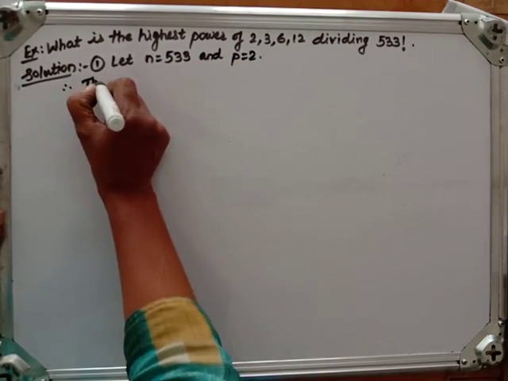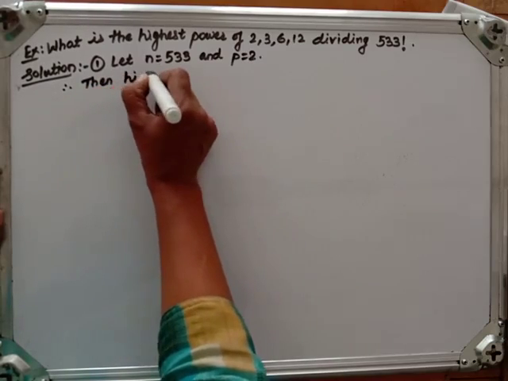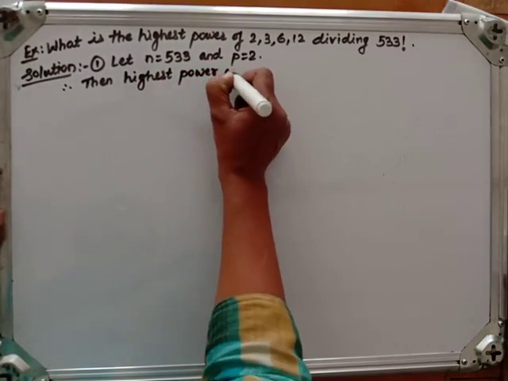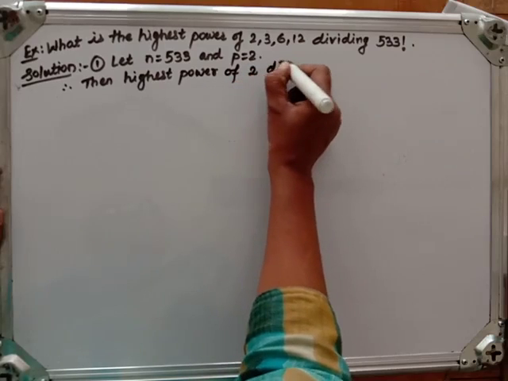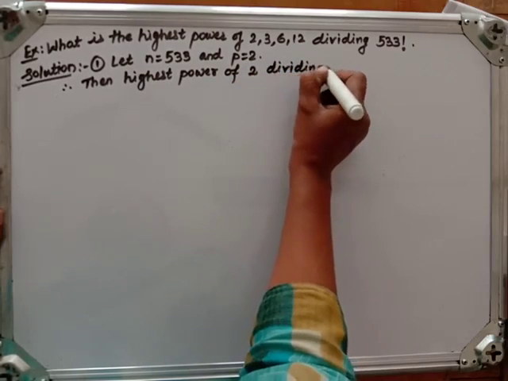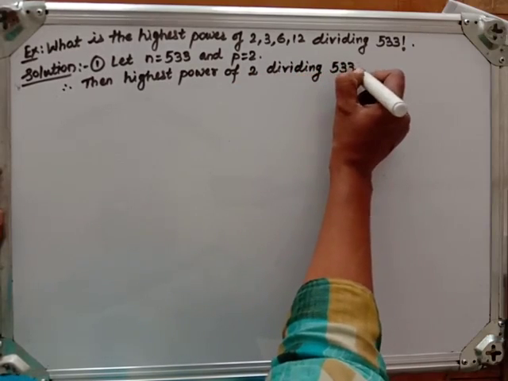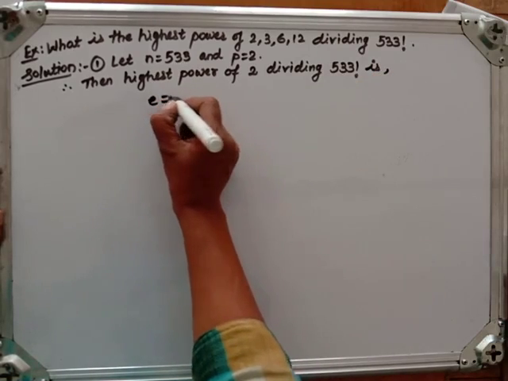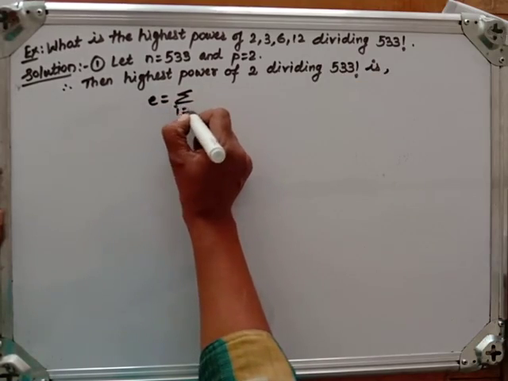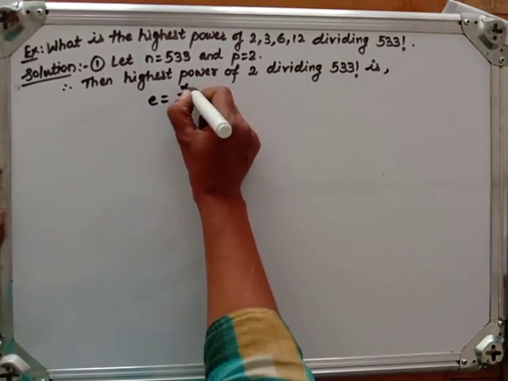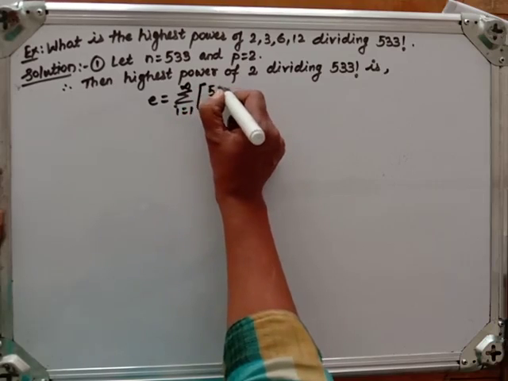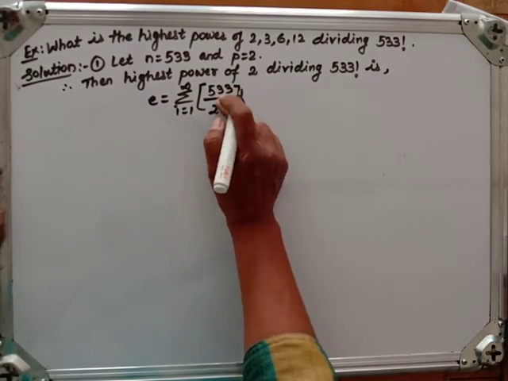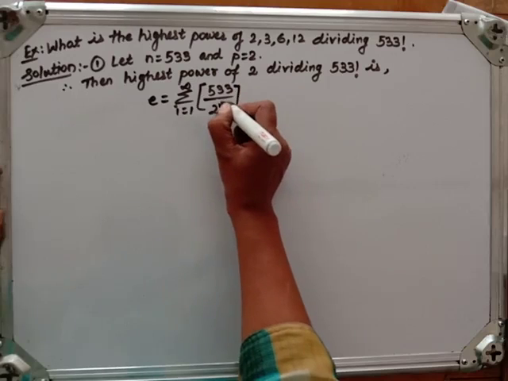Therefore the highest power of 2 dividing 533 factorial is E equal to summation i from 1 to infinity of 533 upon 2 raised to i.